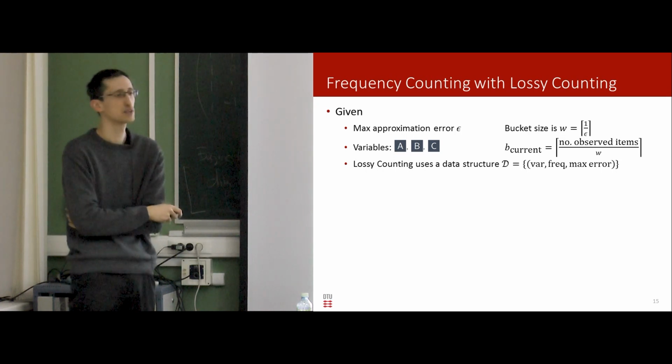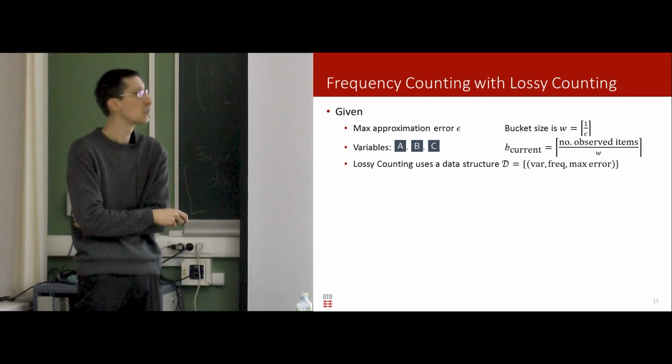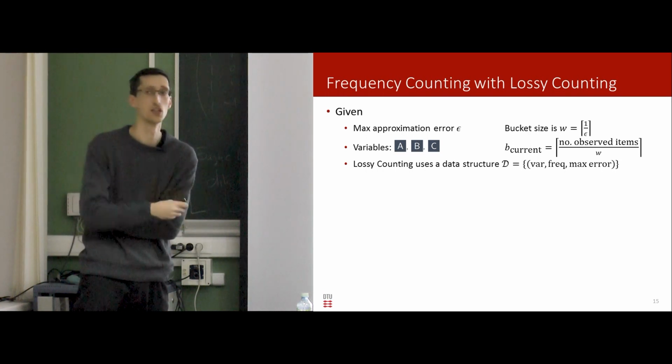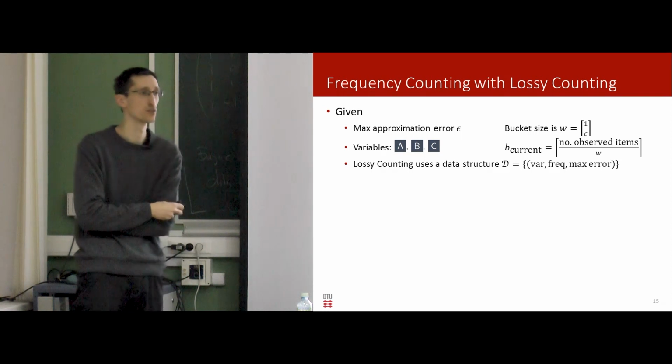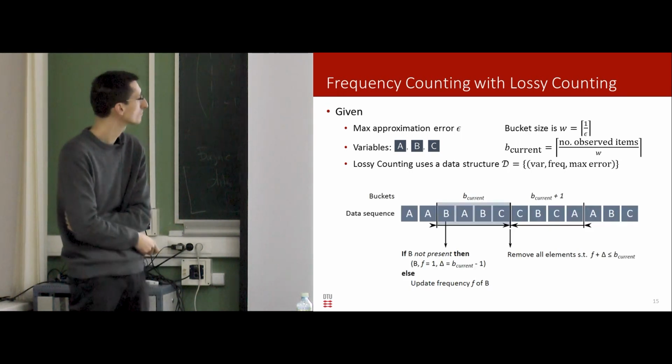And then this lossy counting algorithm keeps a data structure, which is a set of tuples where each element of the tuple is the variable, so let's say A, B, or C, the variable we're counting, the frequency of such variable that we observed so far, and the maximum error in the frequency of the variable. We will see a few examples in a moment.